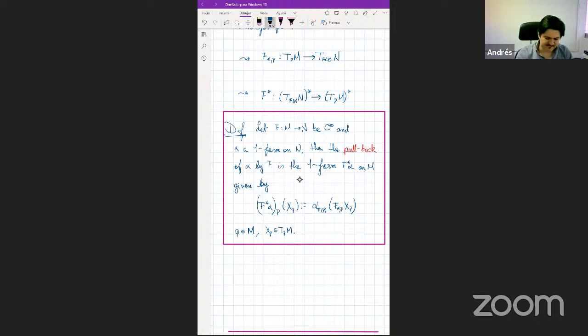Let's see if you remember something like this, let's say from calculus. And let's say that this f, let's call it phi. This phi, you should think of this as a change of variables.